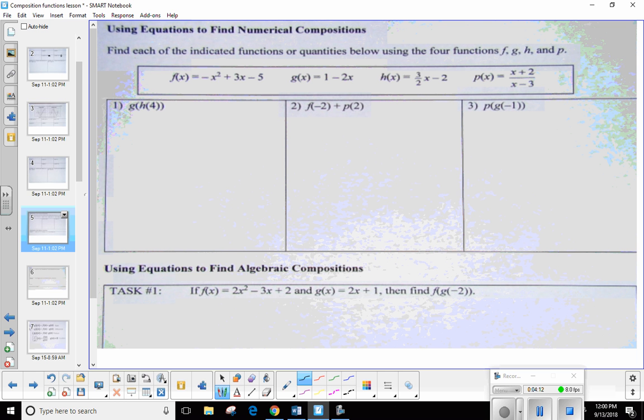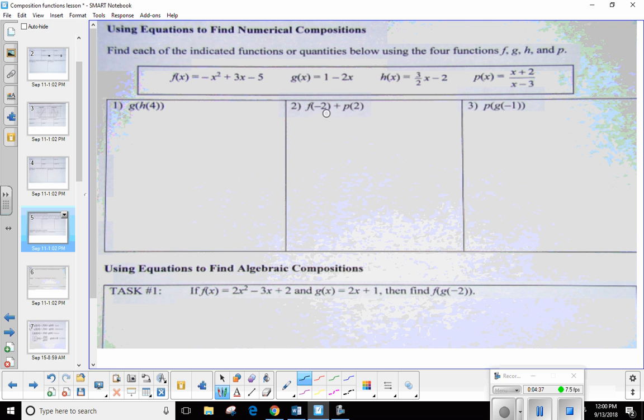Now, number 2 is not a composition of functions. Now, what am I referring to when I say a composition of functions? Remember, we're talking about evaluating one function inside of another. Okay, many times I said the output, the y value for your inside function, becomes the input, the x value for your next function. Okay, so let's take a look at number 2.